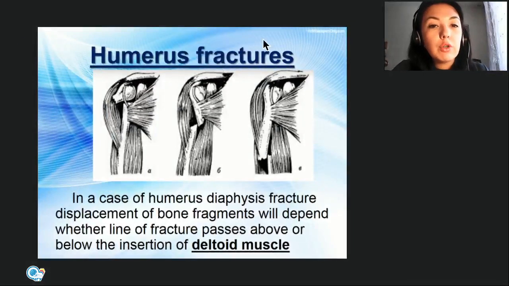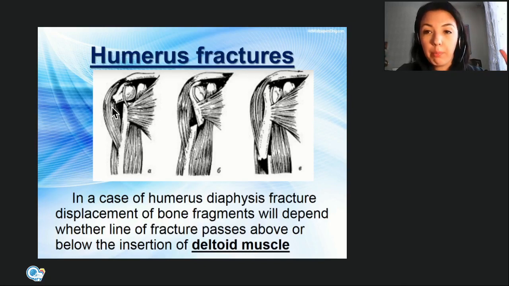In case of humerus fractures, in a case of humerus diaphysis fracture, displacement of bone fragments will depend on whether the line of fracture passes above or below the insertion of the deltoid muscle. We know that the deltoid muscle is the main abductor of the upper arm in the shoulder joint, yes?